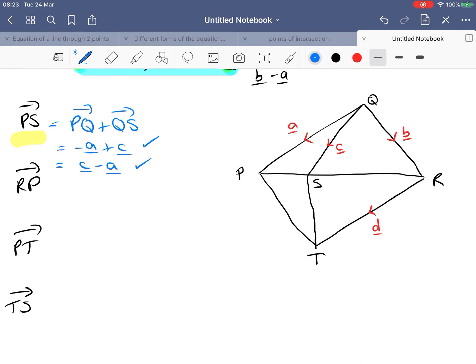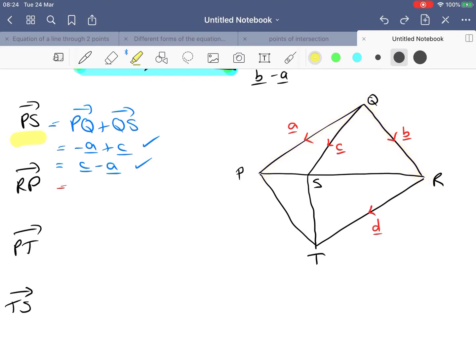So let's look at the next one. So the next one, we're going from R to P. I need to get a path that's going to go from R here to P here. I could do that, but unfortunately I don't know the vector TP, so that's no good. I need to go along paths where I know the vectors. So if I do that one, I do know those two vectors, so that's the way I should go.